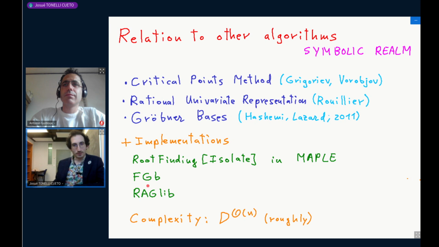We have the Gröbner basis library by Faugère. Then we also have this real algebraic geometry library. So in general, these are quite efficient, and the complexity is roughly d to the O(n). So here I'm not being very precise with the bounds that exist in the literature.